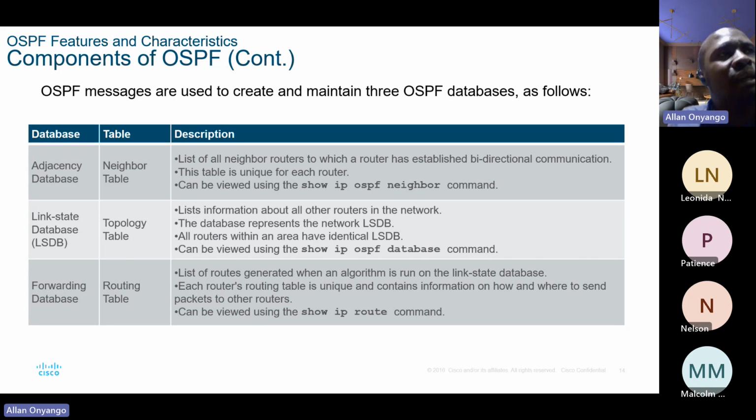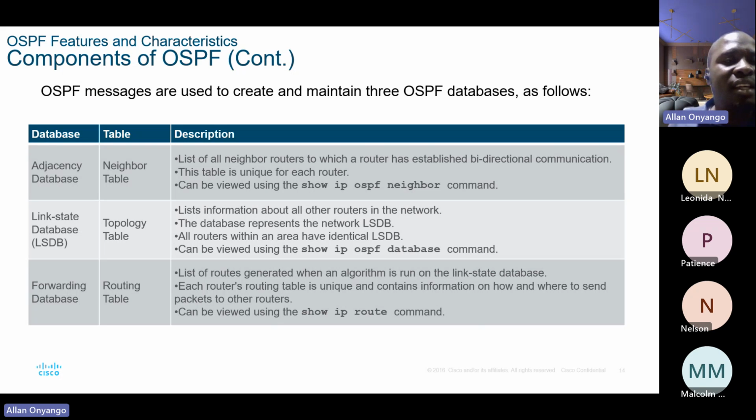Our neighbor's home is adjacent to our home. So adjacent basically just means neighboring or closer to. From an adjacency database, the tables that you can create are called neighbor tables. Neighbor tables are tables that are generated from an adjacency database.